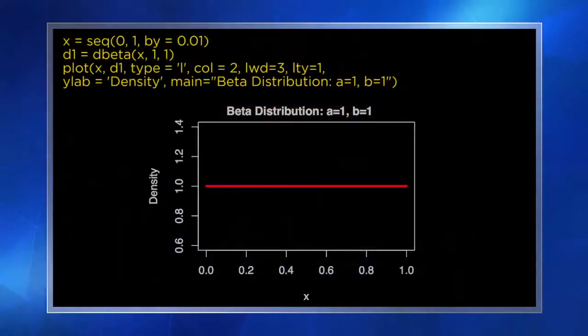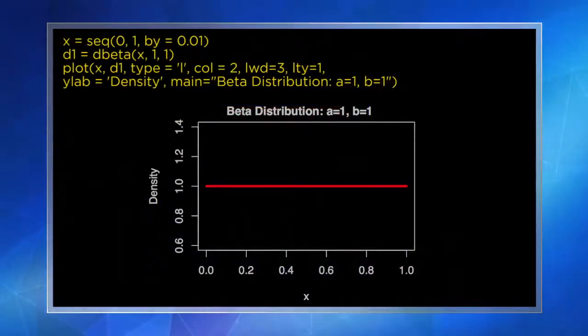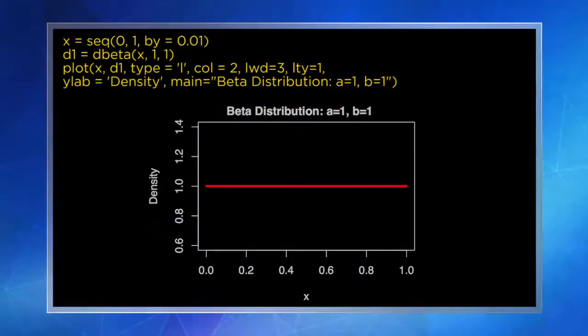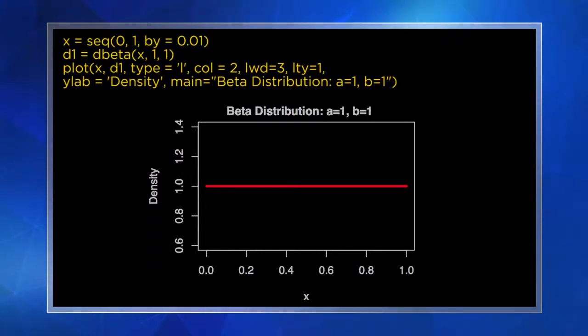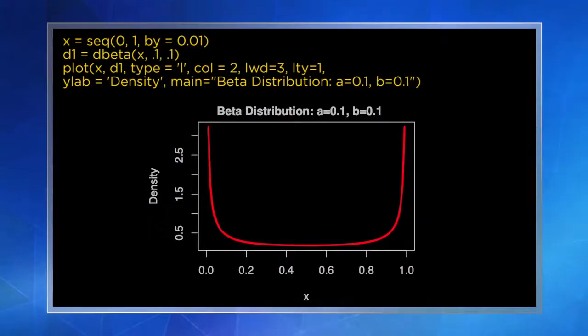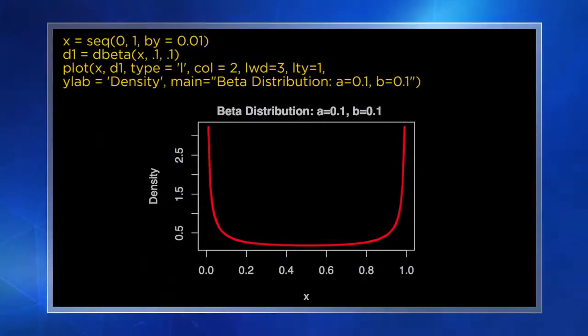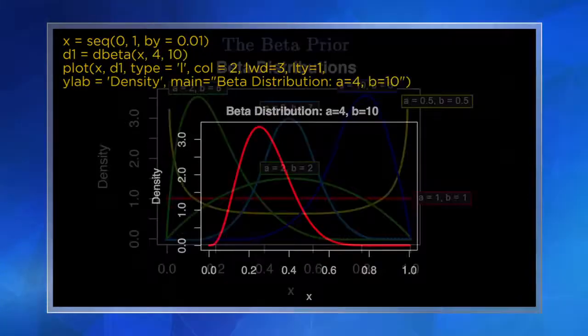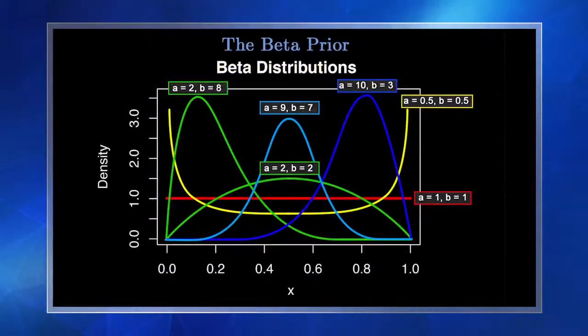All right, check this out. Notice the uniform 0, 1 is a special case of the beta distribution where a equals 1 and b equals 1. Notice the shape of the distribution changes when a and b are much less than 1, as you see here, or much greater than 1, as you see here, or for every possible value in between.